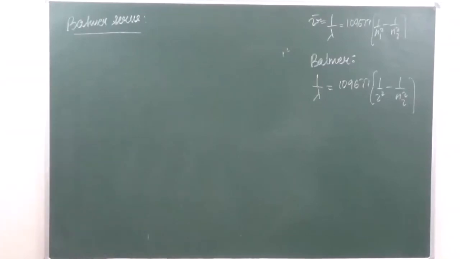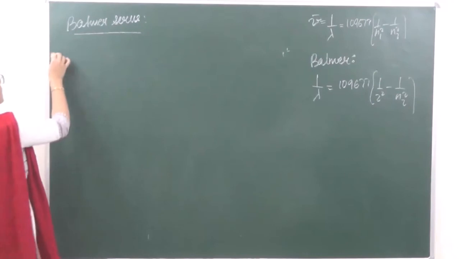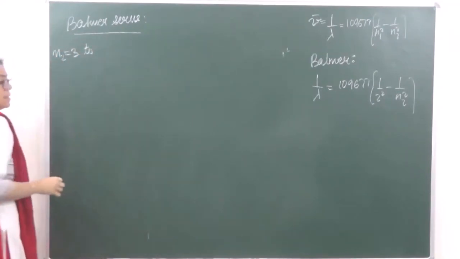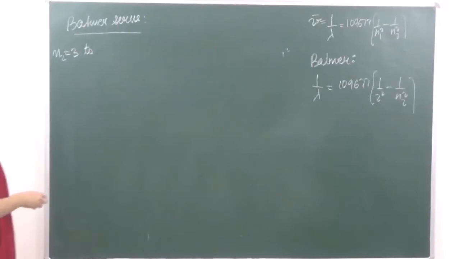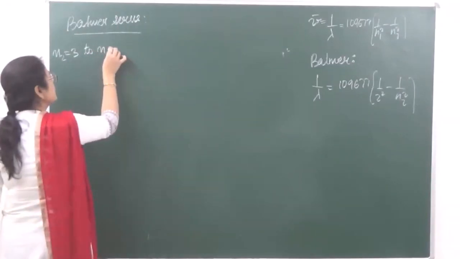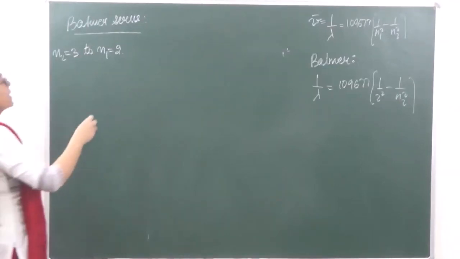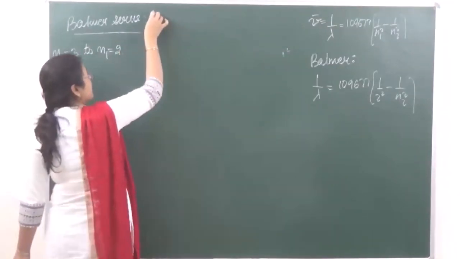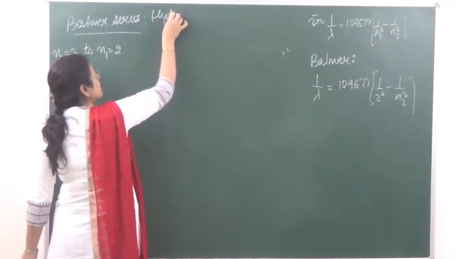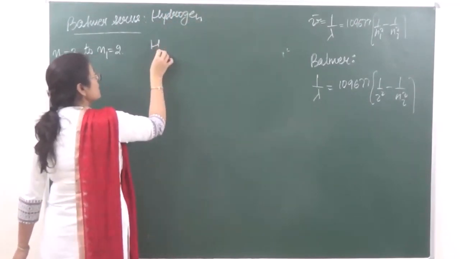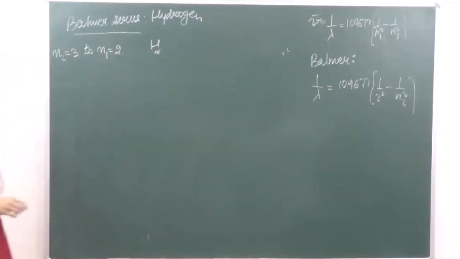Right? The first transition is from N2 is equal to 3 to N1 is equal to 2. Right? This transition is specifically for the hydrogen atom. So the first transition can be named as H alpha.